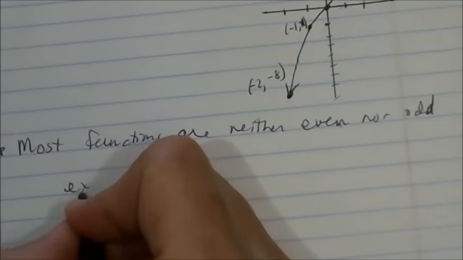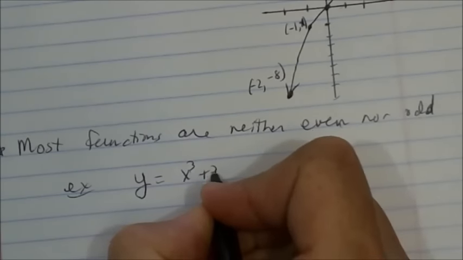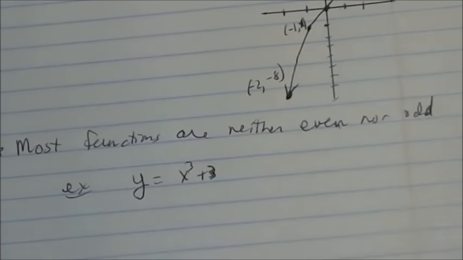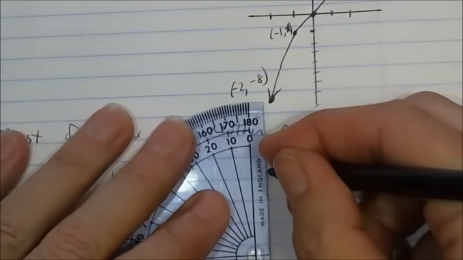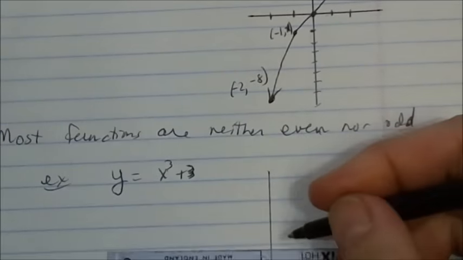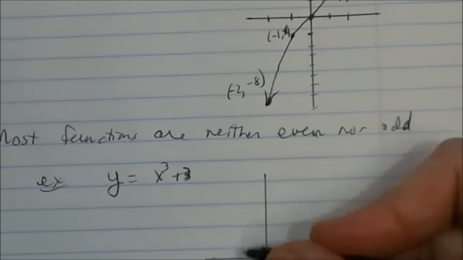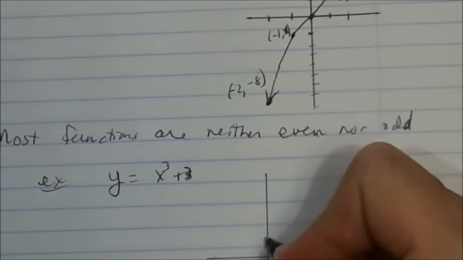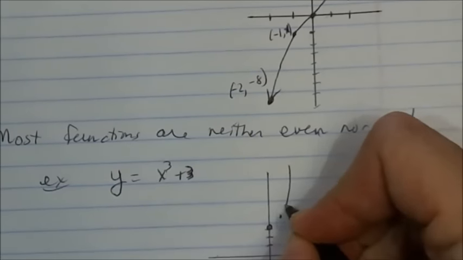For example, if you have y equals x cubed plus 3, you might think that would be odd, but x cubed plus 3 would look just like your x cubed graph, but it's been shifted up 3 units on the y-axis, or overall it's been shifted up. So x cubed plus 3 is a cubic shifted up 3, and it would look like this.